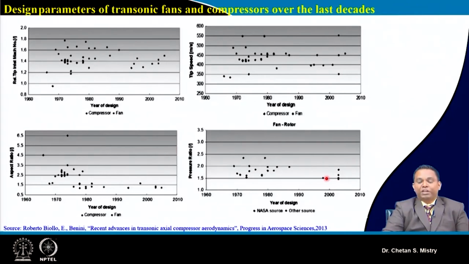The expected pressure ratio is going to increase because we are looking for compactness and lightweight. This gives an idea of how the progress has been happening for the transonic compressor.